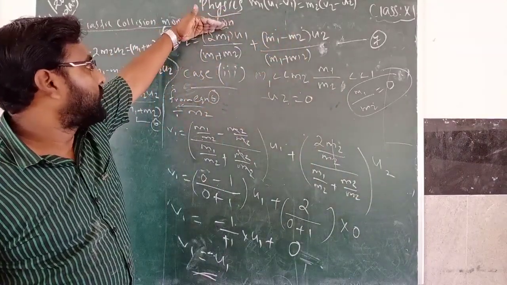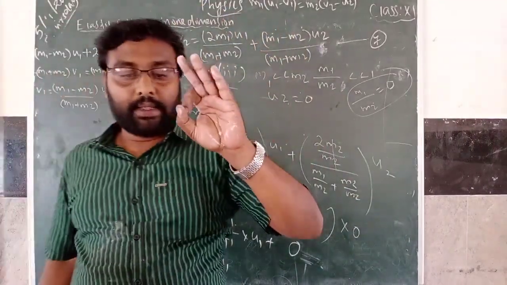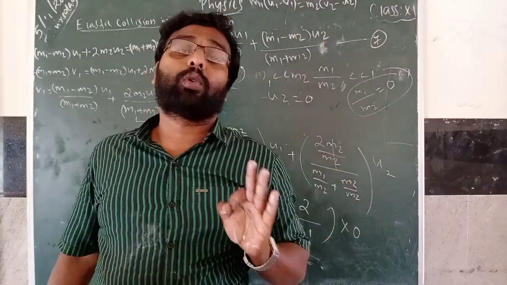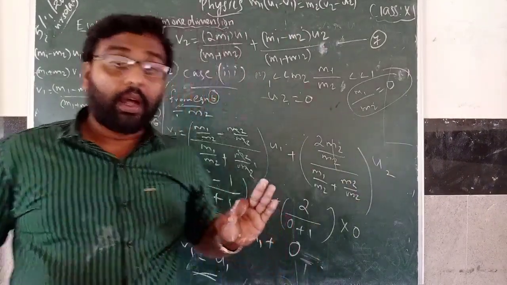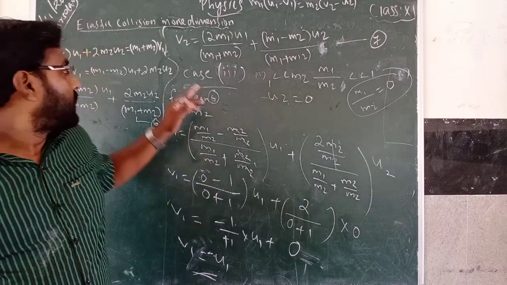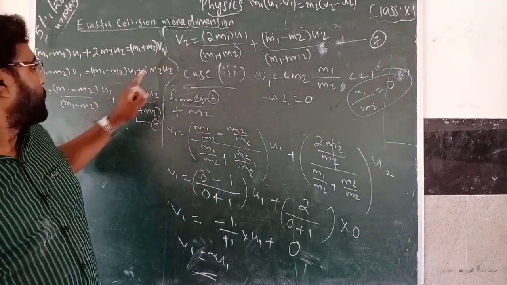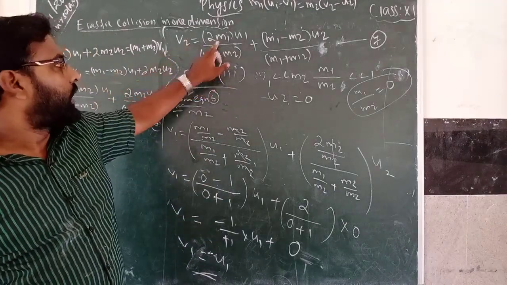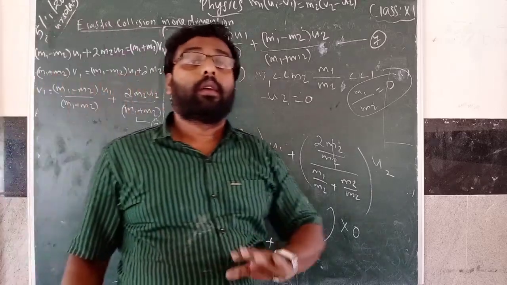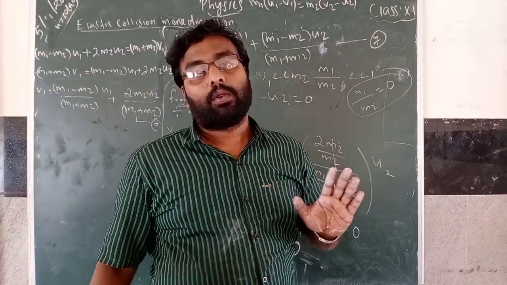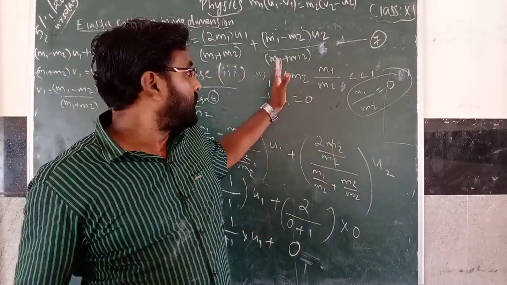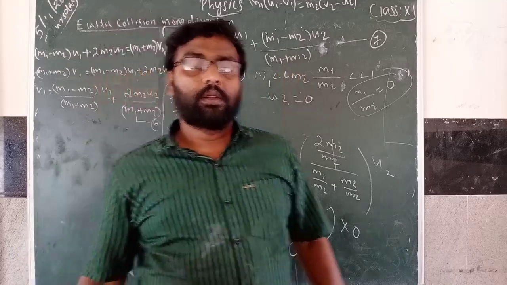All the time you can see the ratio M2 by M1 is 0 and U2 is also 0. Here you have to divide everything by M1, so everywhere you will get the same result.